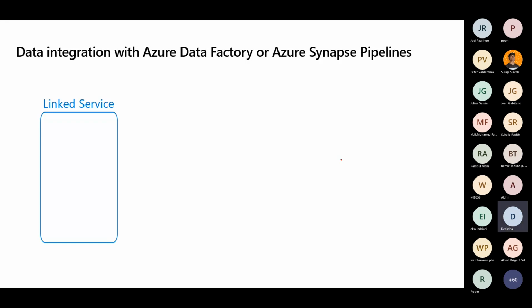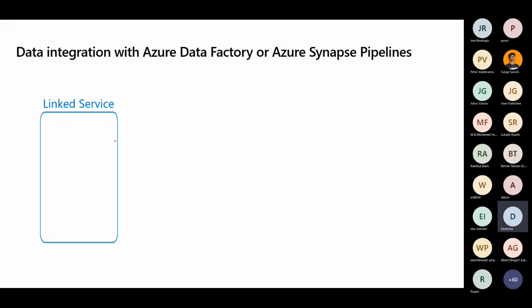In this case, your Data Factory is going to understand that out of 10 databases, I need to connect with this first database, because of the detail you are providing in the linked service. So linked service is the place where you provide your connection detail and the authentication of the service. Obviously, if you are connecting with any service, you need to provide connectivity options. So here we provide the authentication method and your service detail.